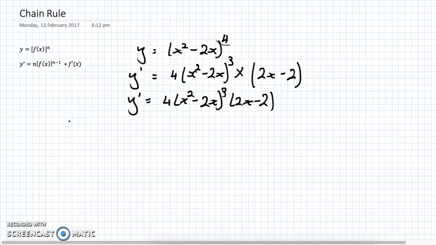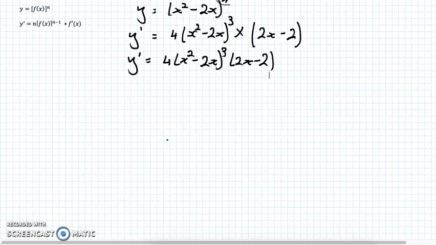Alright, so what about another example? Let me scroll down a little bit so I've got a bit more room. Let's take our function that looks like this. Y is equal to 4 divided by the square root of 1 minus 2x. Now, I'll do that function first, then do square root over it.